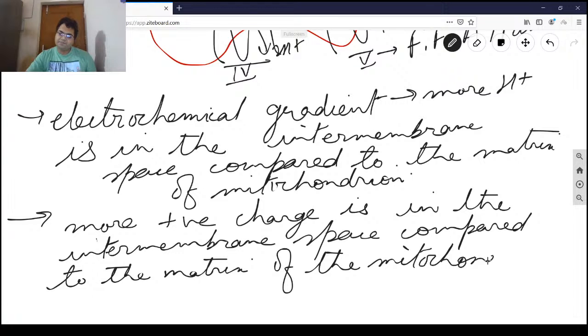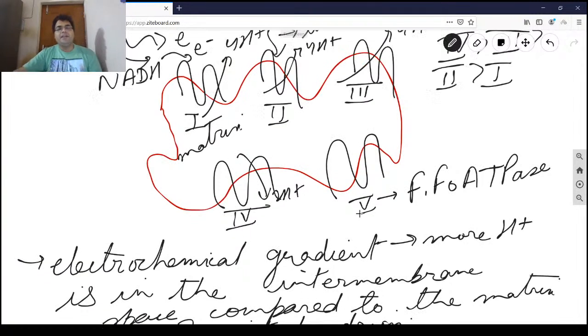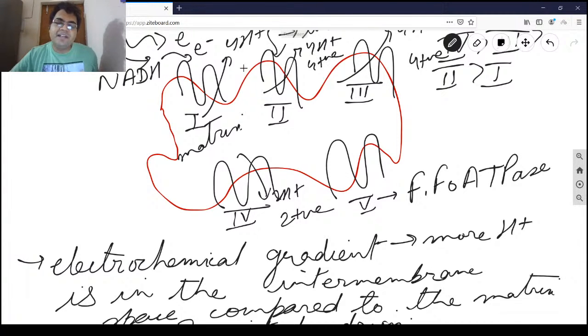Right or wrong? Because with each H plus, as you can see in this diagram, I am throwing out a positive ion into the intermembrane space. Throwing out 2H plus means 2 positive ions here, 4 positive ions here, again 4 positive ions here, 4 positive ions here. So this is becoming more and more positive, which means these charges have come from the matrix.